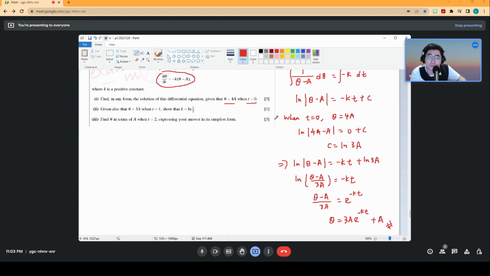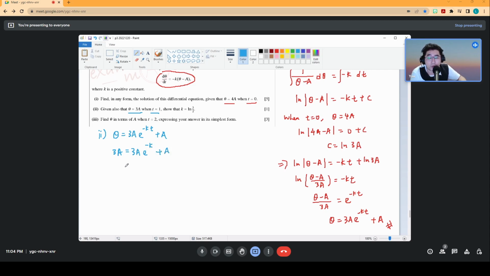This one is 5 marks. Then part 2: given also theta equals 3a when t equals 1, show that k equals this. So the second part, we need to find the value of k. I have theta equals 3a e to the negative kt plus a. From the information given, 3a equals 3a e to the negative k plus a.